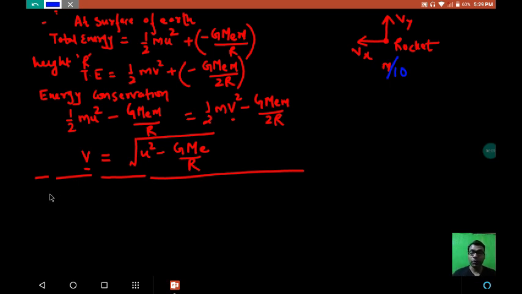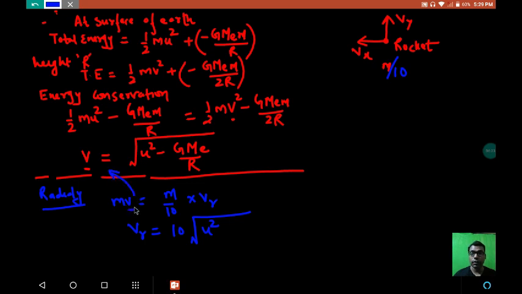So radially, what will the momentum be? Radially, m v equals m by 10 into v r. Before, it was the momentum of the whole satellite, and now it is m by 10 into v r. So this is the radial velocity. v r is equal to 10 times under root of u square minus g m e upon r, where we put in the velocity we obtained from before. So this is the radial velocity that comes out.